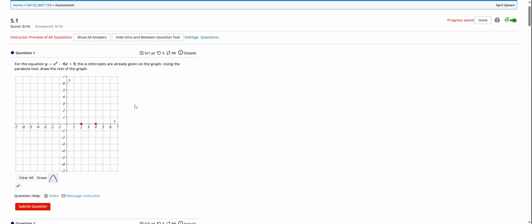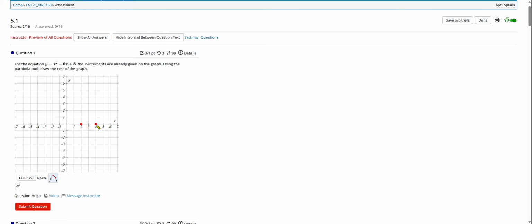So I'm going to click it just to make sure. 3, negative 1. And notice it already has one of the dots highlighted, and that has to be the second point that I click. The first one has to be what's called the vertex, or the bottommost point. Now I'm going to hit clear.